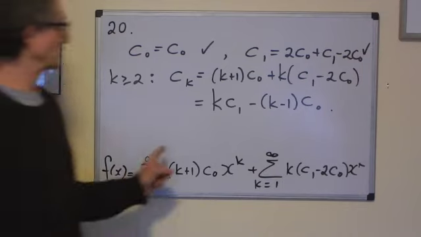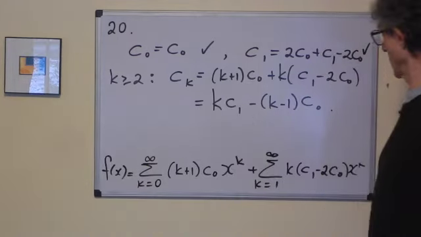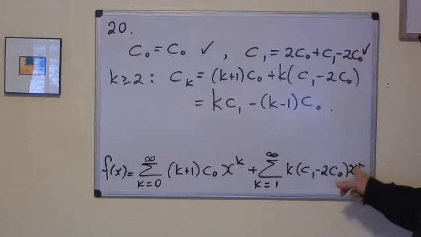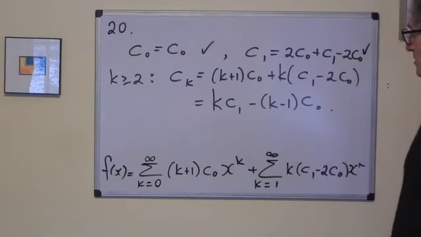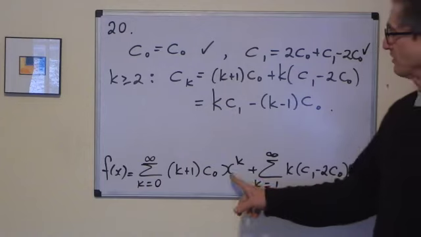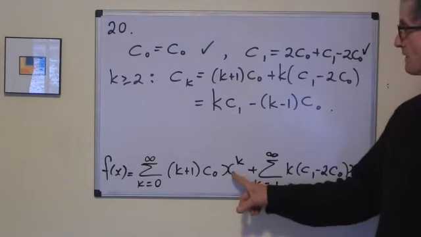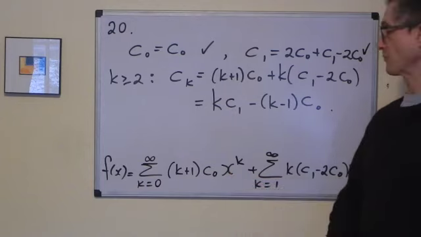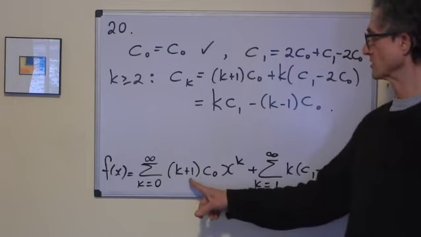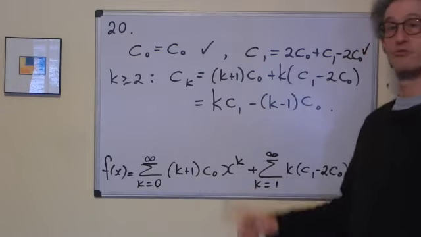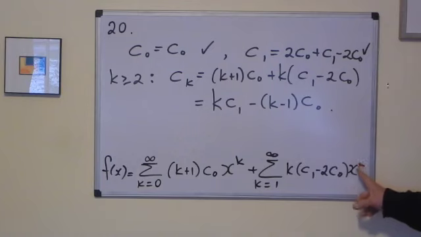Notice, by the way, that we still don't know a lot about the coefficients, but we do know that these both converge for x smaller than 1 in absolute value, because the radius of convergence for this series is 1, and the radius of convergence for this series is also 1, right?